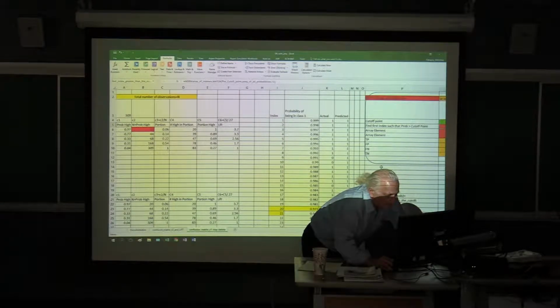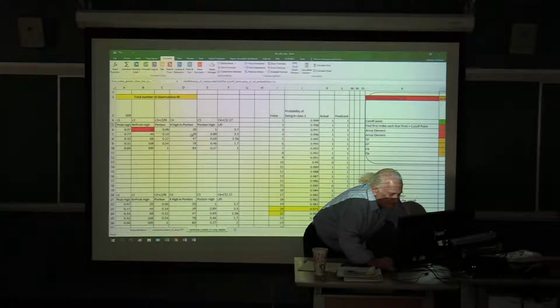And so the number of ones above the cutoff point is 39. 39 over 44.